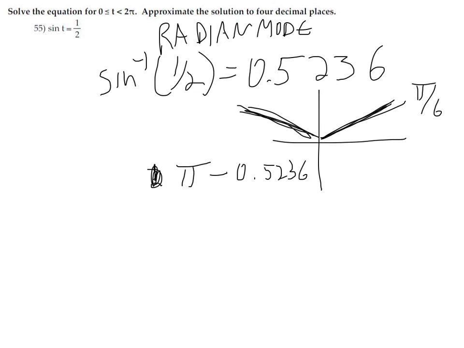I don't want to compute pi minus 0.5236. I want to do pi minus the answer on my calculator, or pi minus all the whole digits. And it gives me 2.61799. So that would round to 2.6180.